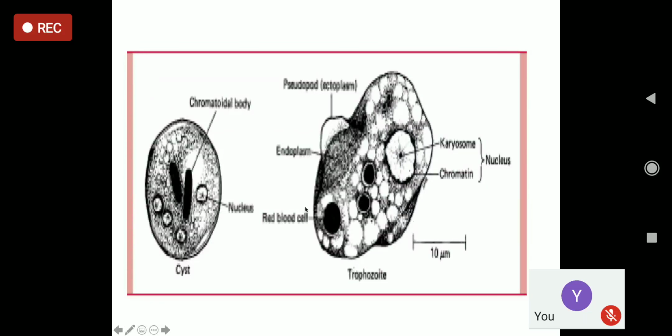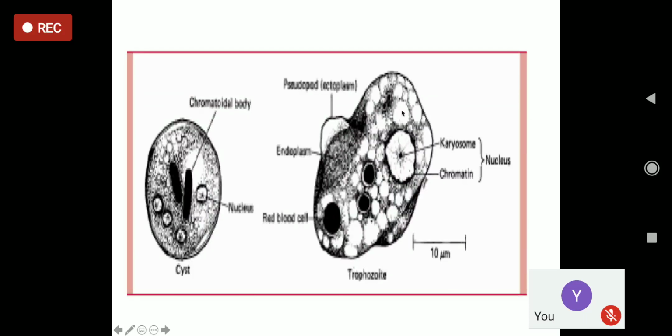These trophozoites are the highly active and feeding stage of the parasite, highly motile by means of false leg-like structures. When we see their detailed anatomy, they possess two layers. One is the outer clear fluid that is called ectoplasm, the transparent fluid that they have, and the inner one is a little bit granular and possesses the nuclei also; that is called endoplasm.